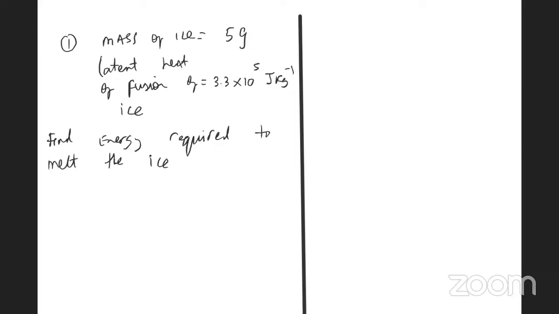So since it's a phase change, what's the formula we use in this question? E is equal to m, to be specific, mL_F, because it's fusion. Solid to liquid is fusion, right?